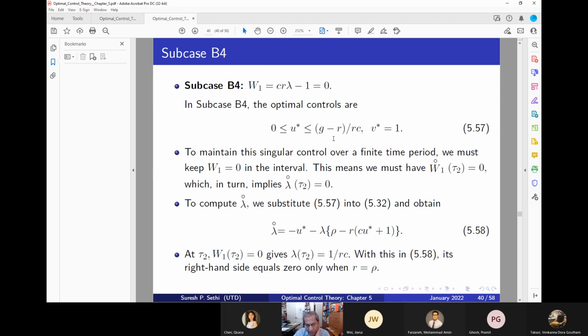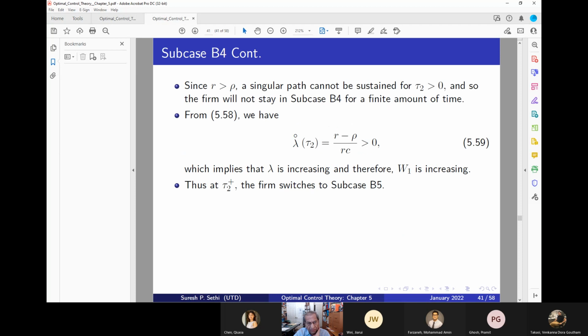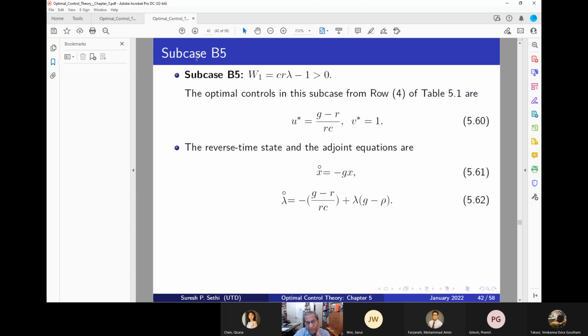So I already switched to B5. And we see that lambda circle is bigger than 0, which implies lambda is increasing and W1 is increasing. And so tau 2 plus switches subcase to B5. In B5, I have W1 bigger than or equal to 0.